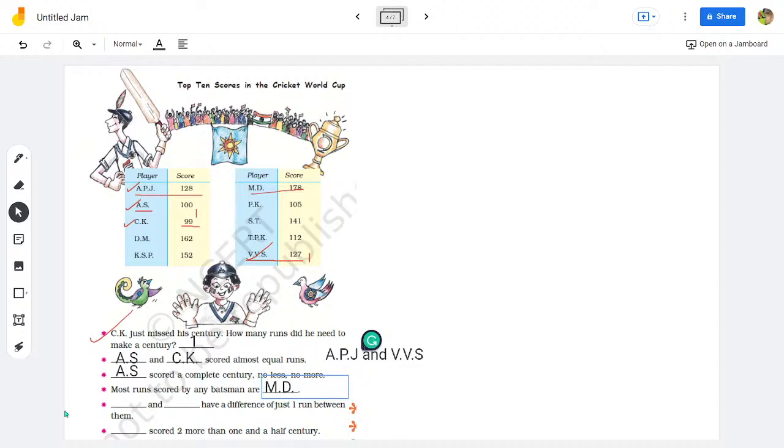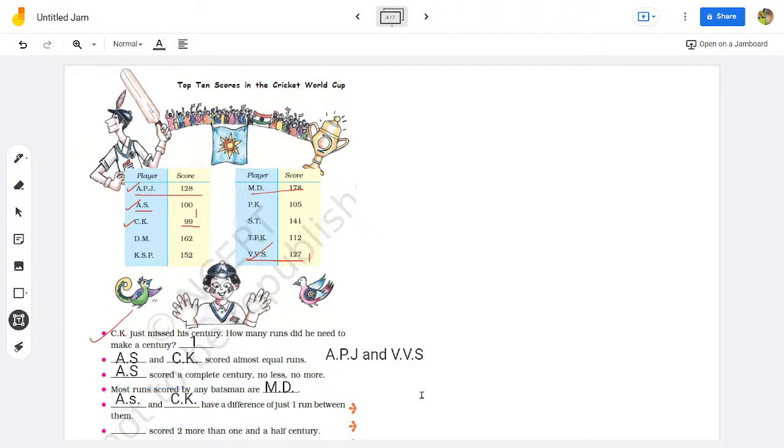Someone and someone have a difference of just 1 run between them. Oh, we have many such people. We have AS and CK, who have a difference of just 1 run.